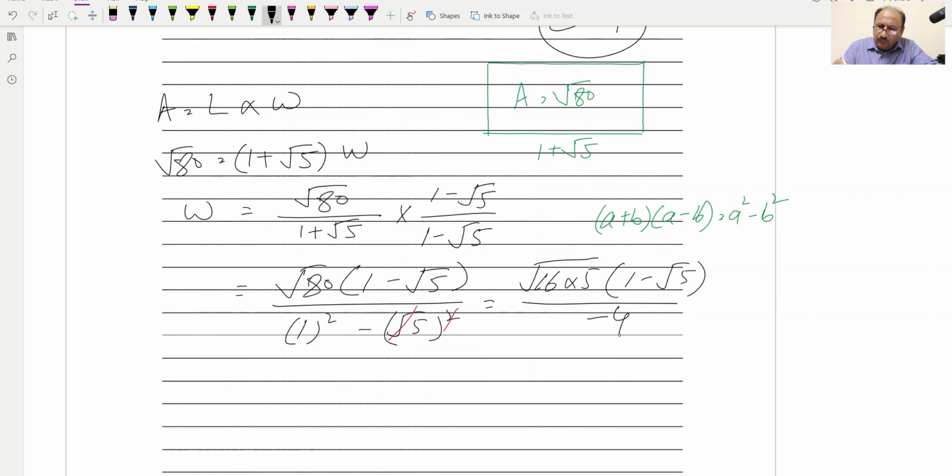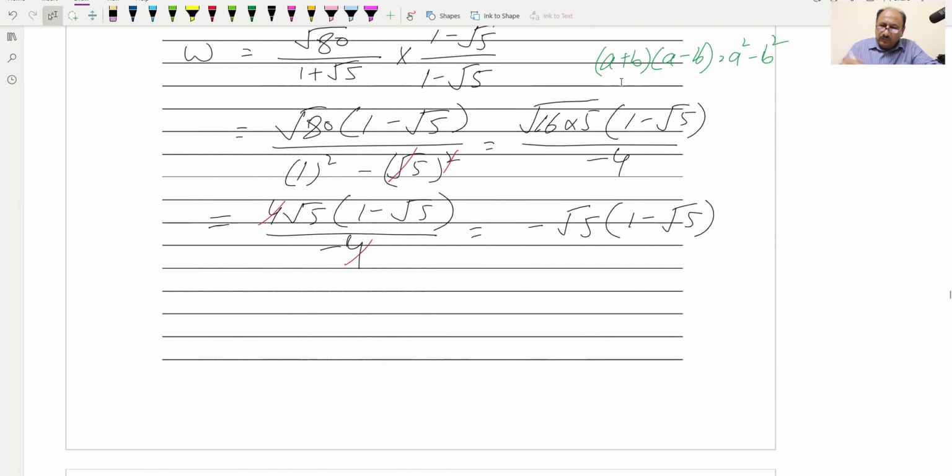So this will be minus 4, and further we can rewrite it as under root 16 can be written as 4, so 4 under root 5 into 1 minus under root 5, divided by minus 4, and this 4 and 4 will be cancelled, and we will get minus under root 5 into 1 minus under root 5.